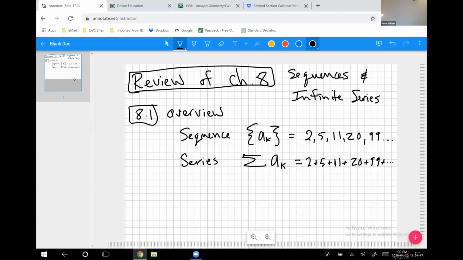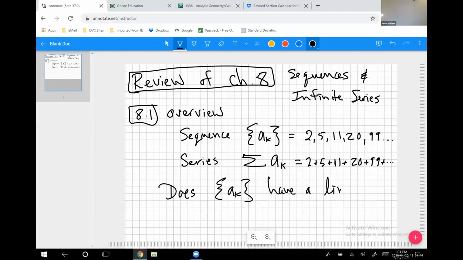So in this beginning section of the chapter, they sort of remind us of this notation. They talk about terminology a little bit, define a sequence. And the first concept that comes up is the limit of a sequence. So we can sort of ask, does the sequence of a sub k's have a limit?